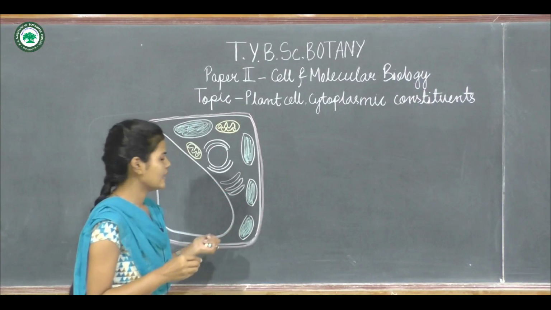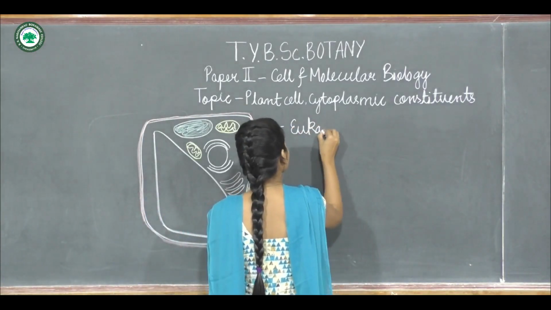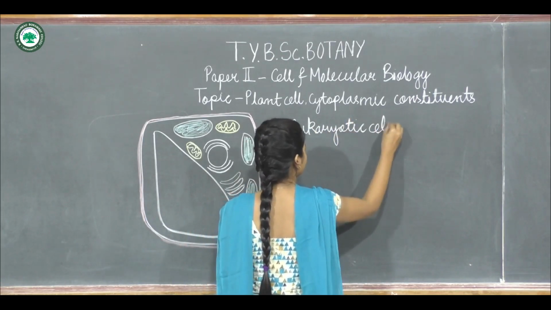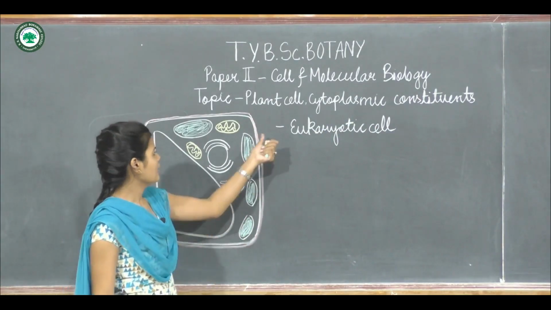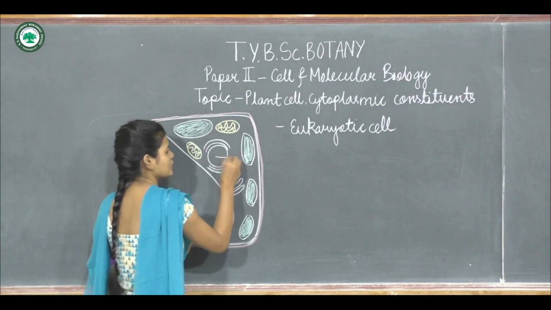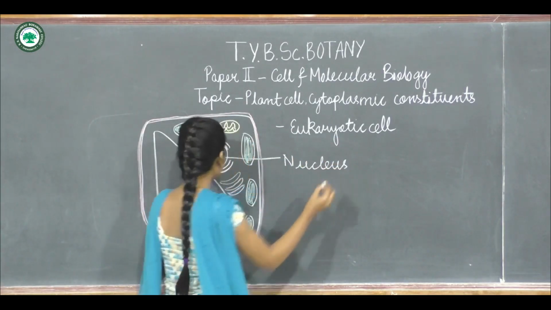So, plant cell, it is an eukaryotic cell, means it has a presence of nucleus.